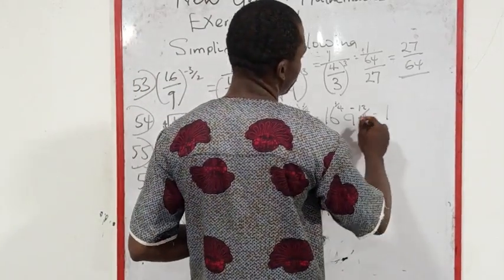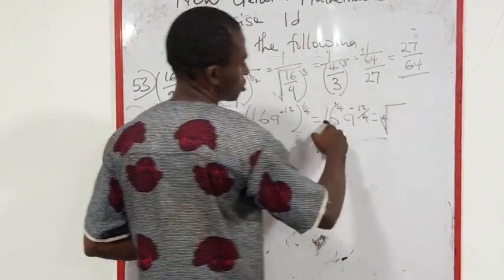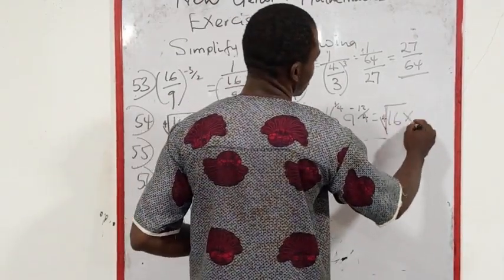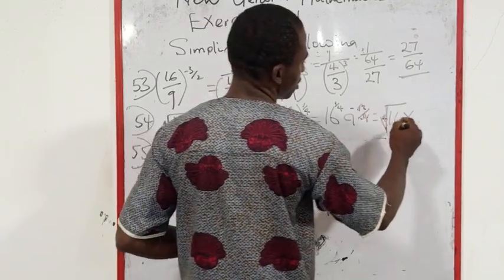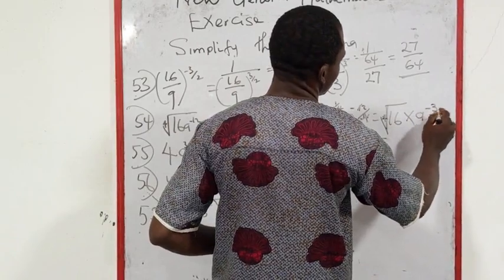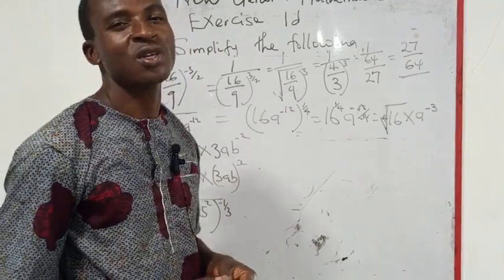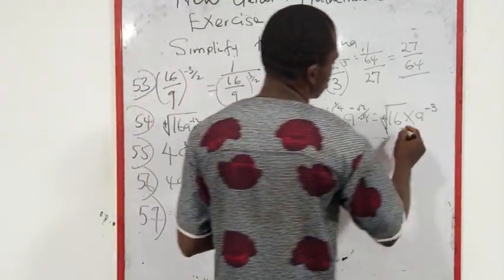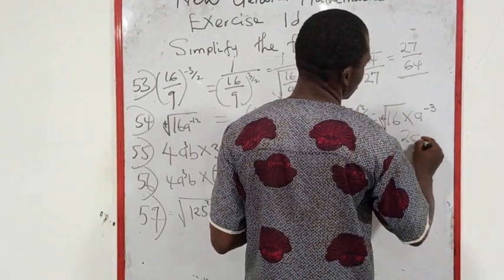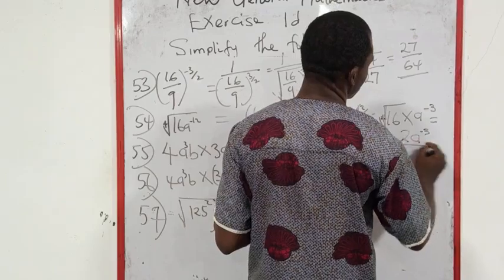So now, don't forget, we can bring back the roots. When this goes in there, we have 3. So now I have a raised to power 3. When we finish this, we can look for the fourth root of 16, which is 2. So it becomes 2a raised to power minus 3. This is our answer.